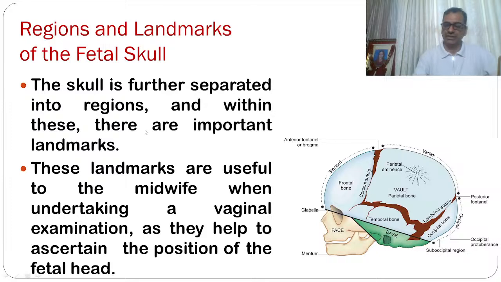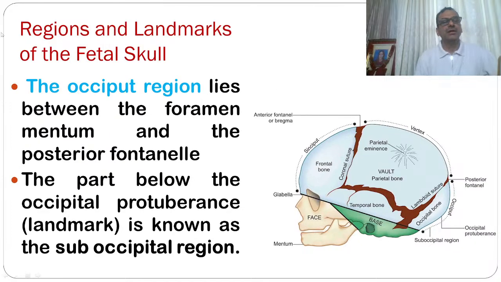We can feel them. The first region is the occiput region. The occiput region lies between the foramen magnum and the posterior fontanelle. So this one is the occiput region.